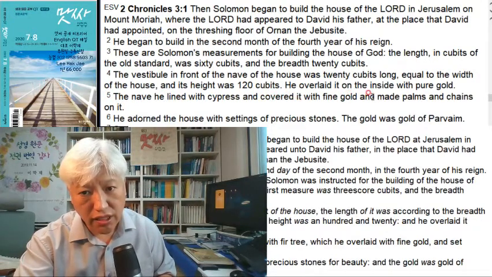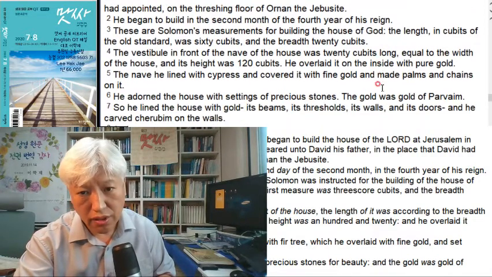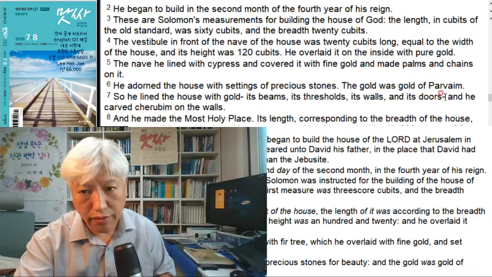He overlaid it on the inside with pure gold. The nave he lined with cypress, and covered it with fine gold, and made palms and chains on it. He adorned the house with settings of precious stones. The gold was gold of Parvaim.